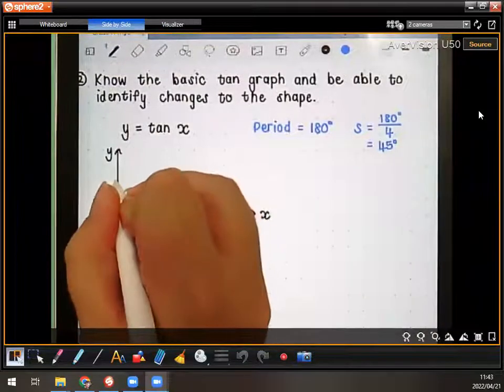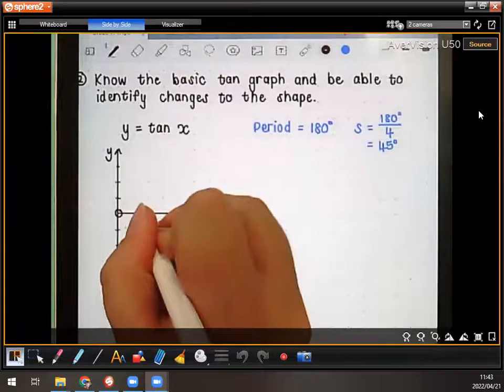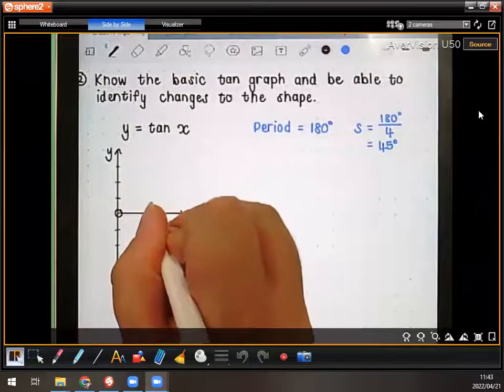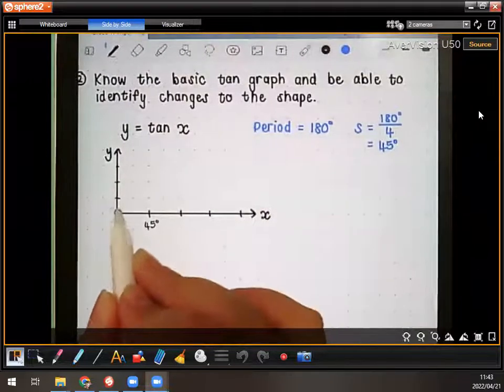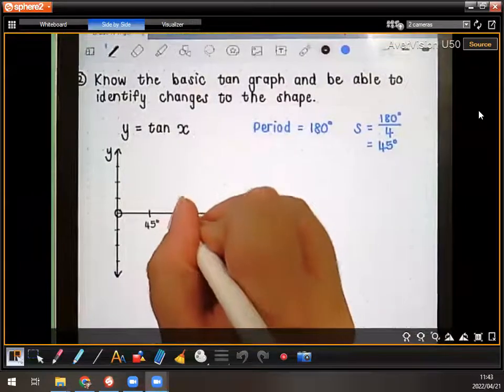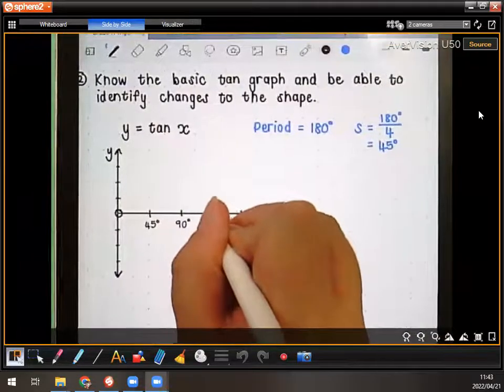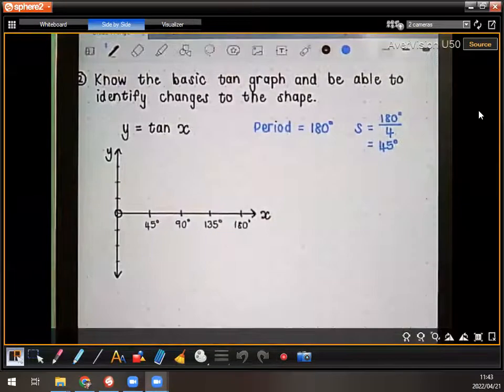We can do these notches here as well. So we have our axis, this is where x is 0, then we have 45, 90, 135, 180.